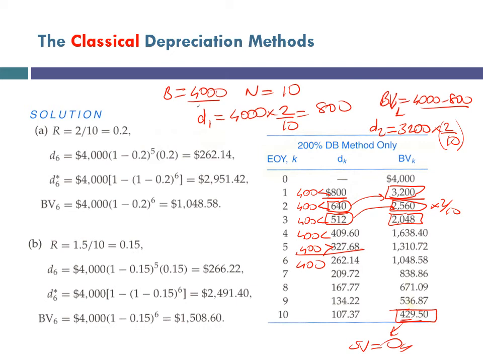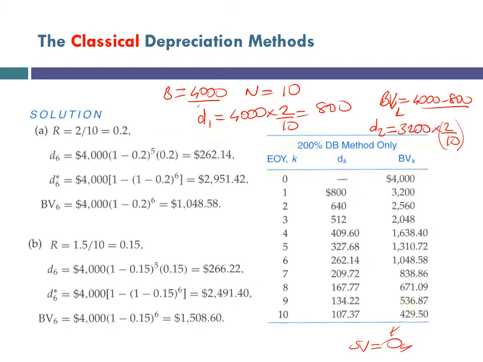It means that at this point we need to switch over from the declining balance method to the straight line method. If instead of 200% declining balance we use 150% declining balance, what shall we do? Simply we change the rate in our calculations, and D1 here will be 4000 times 1.5 over 10, which is 15%.